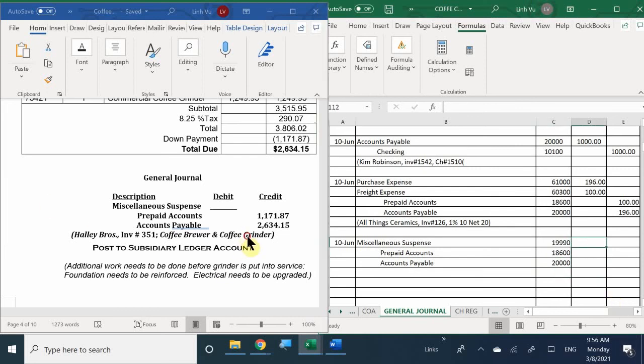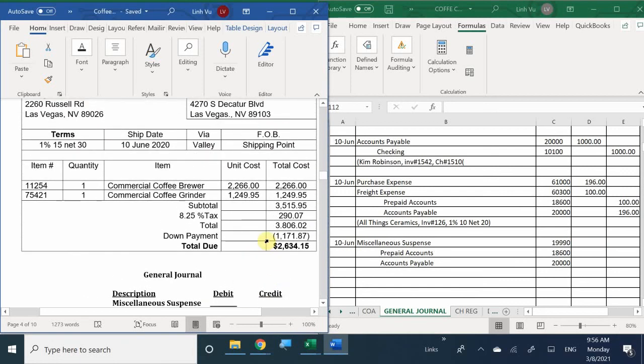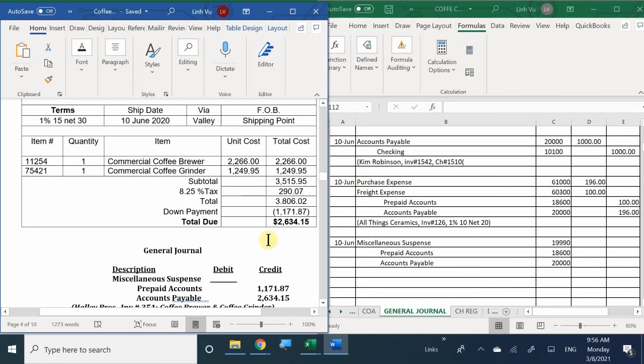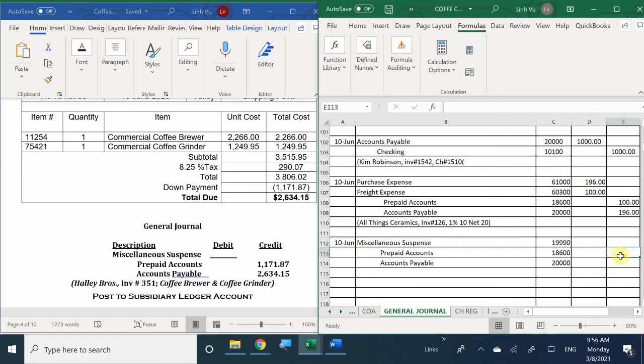So let's see. What was my total amount here? Okay. So if I made a payment of 1171.87, and my total bill amount was $2634.15.